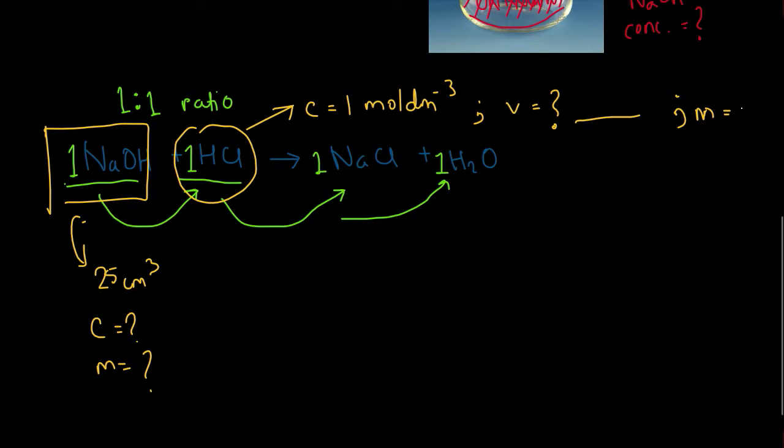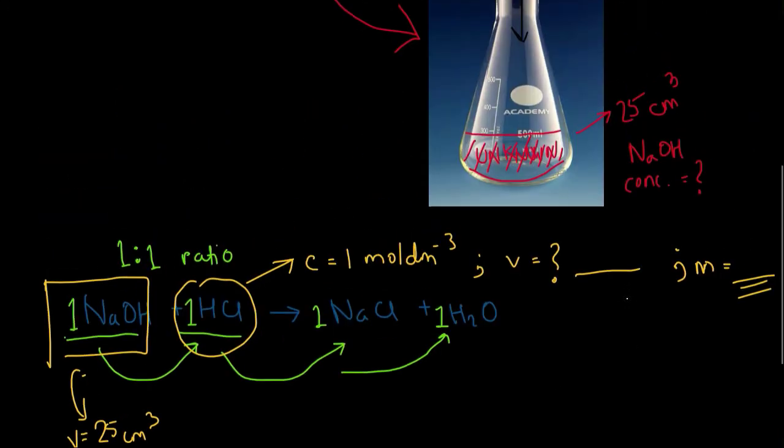So once we know the moles of HCl that reacted, we know that the moles of HCl that reacts is going to be equal to the exact same amount of NaOH. So then we can figure out the moles of NaOH in the flask. We know the volume of NaOH, we know the moles of NaOH in the flask, so we can figure out the concentration.